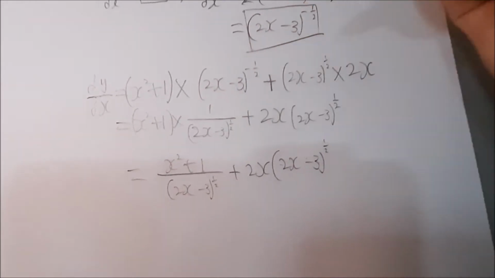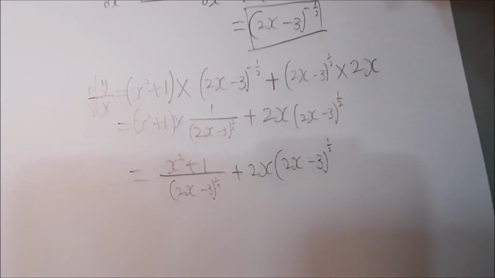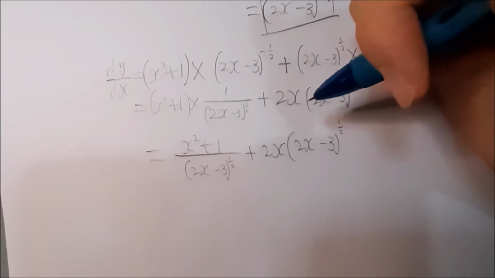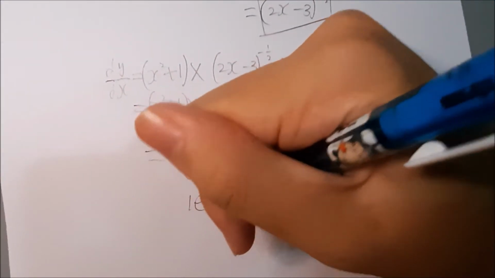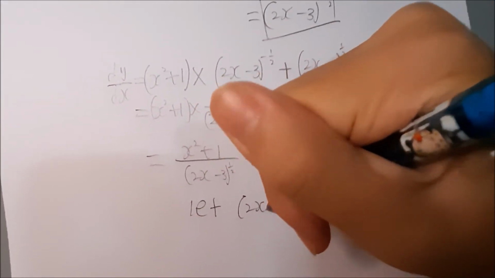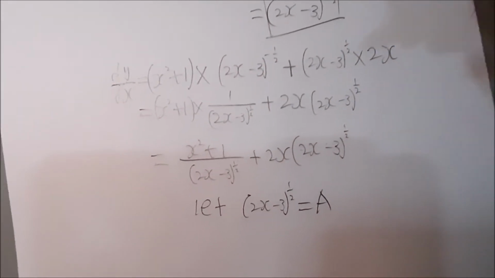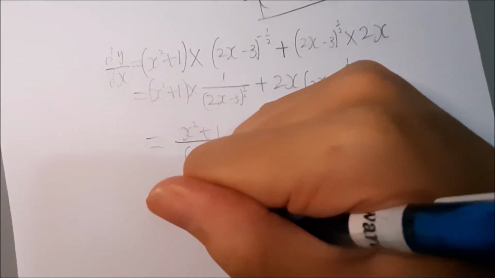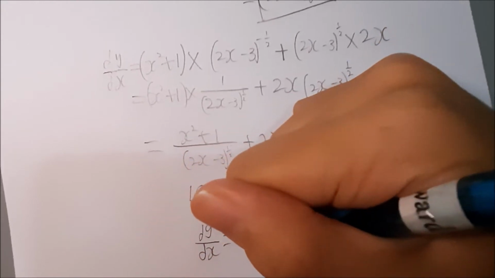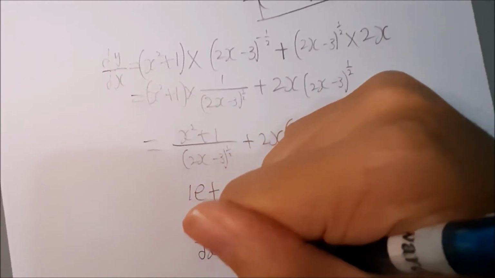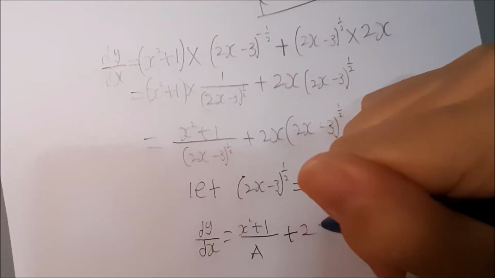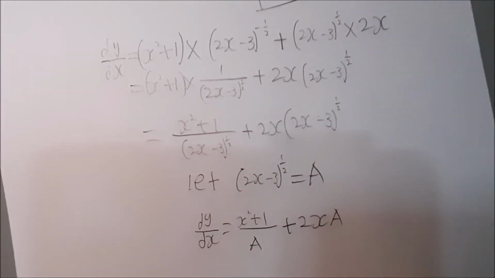So if this looks complicated to you, you can make it simpler by saying let 2x minus 3 to the power of half become a. So that dy dx will now become x squared plus 1 divided by a plus 2xa.